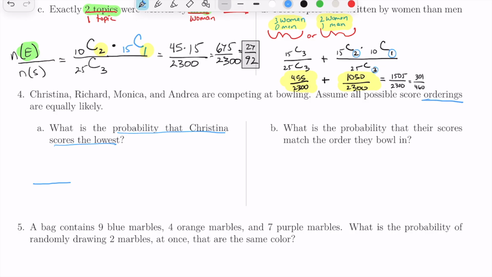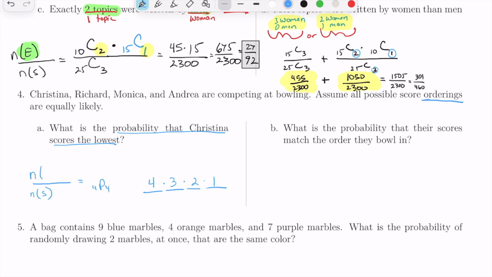They're competing, so first place. So the total number of items in our sample space is actually going to be 4P4, right? We have 4 places to choose from, and any one of the 4 could come in first, and then someone else could come in second, and someone else could come in third, and someone else could come in last.